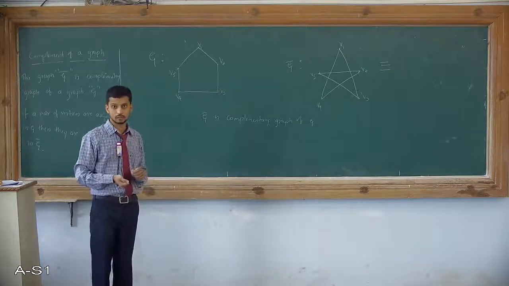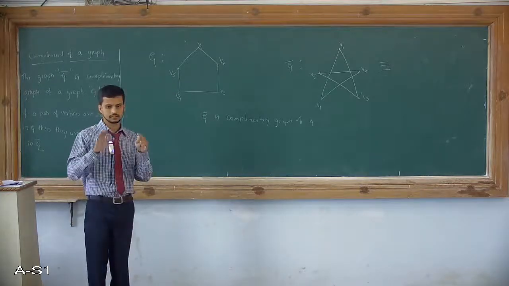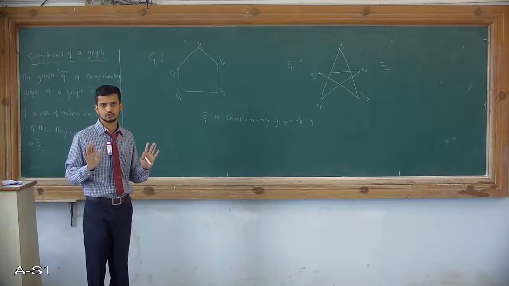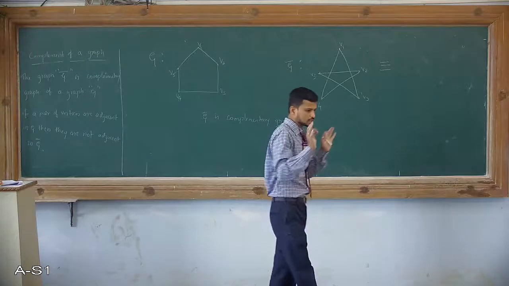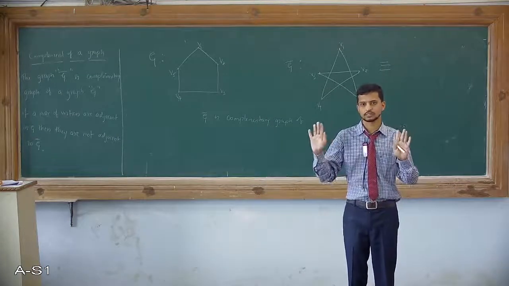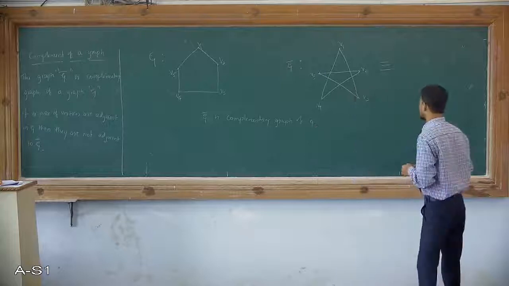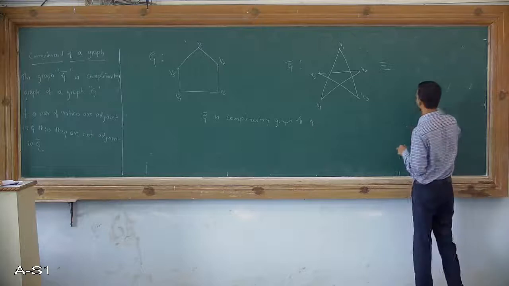Now I will show that G bar and G are the same graph. I am not using any isomorphic definition here, just a redrawn picture. I will just read out the picture and show they are the same. What I will do, I will change the arrangement of the vertices here.